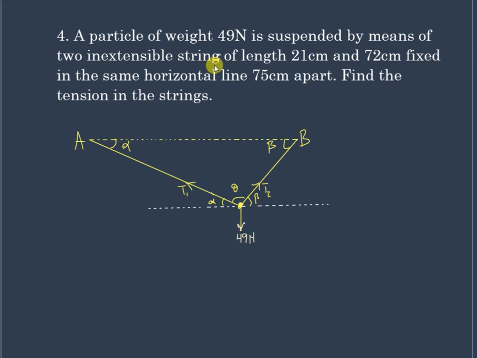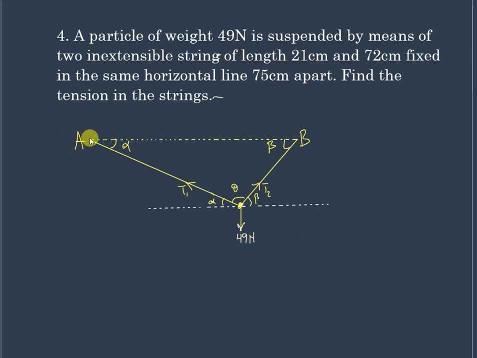Find the tension in the strings. This diagram is not part of the question, it is a solution. So the question ends here, and you are supposed to come up with this diagram.